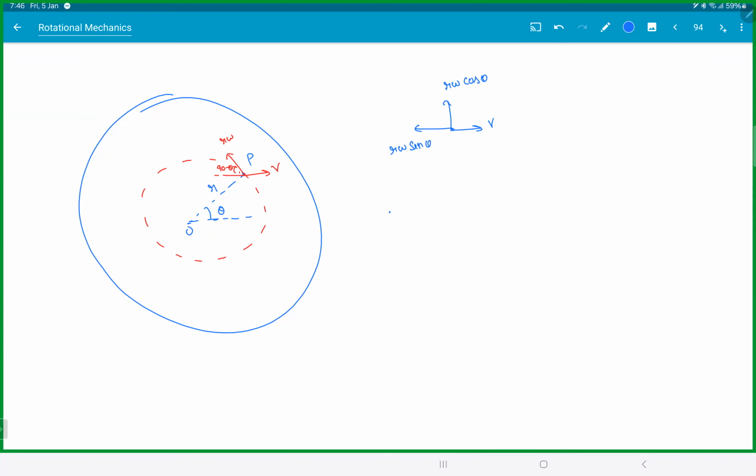Since you want it in the j direction, V minus r omega sine theta should be 0, and r omega cos theta should be V j cap. So that is V. The horizontal component is 0.